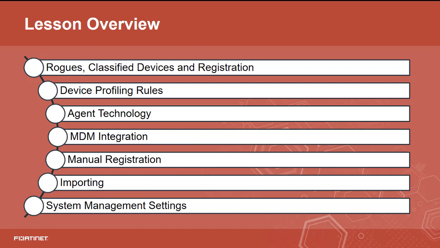And then we're going to talk about a lot of the different tools we have that can help us achieve this, such as the device profiling tool, agent technology, MDM integration, manual registration, and importing. And finally, we're going to talk about some system settings that can help you protect all this information once we've gone through and identified everything.